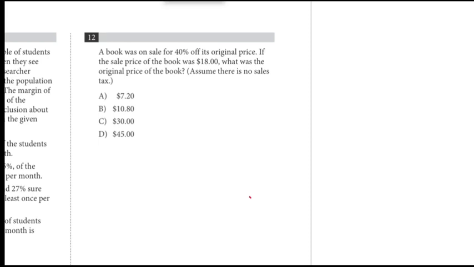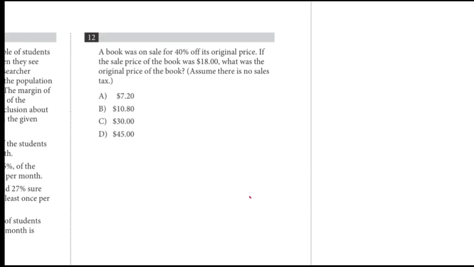Number 12. A book was on sale for 40% off its original price. If the sale price of the book was $18, what was the original price of the book? Assume there is no sales tax. Well, looking at the answer choices, you can really answer a question like this quickly.